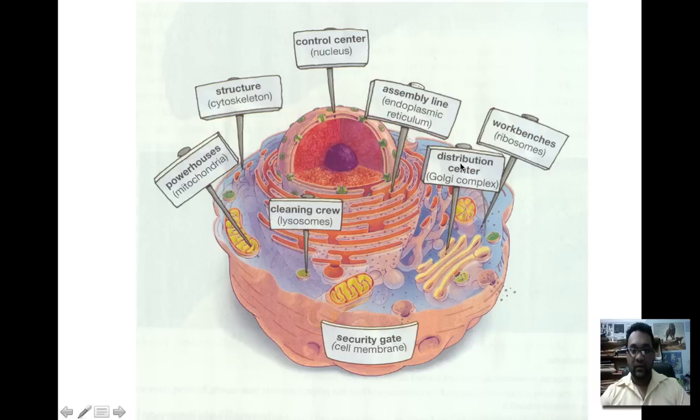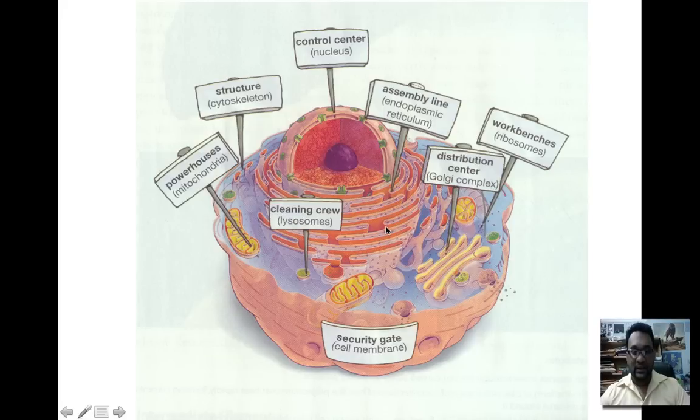Now we go here to the Golgi complex, or the Golgi apparatus. You see here that the Golgi apparatus is what we call the distribution center, or in other words, the FedEx, or if you're in Trinidad, the TT Post.